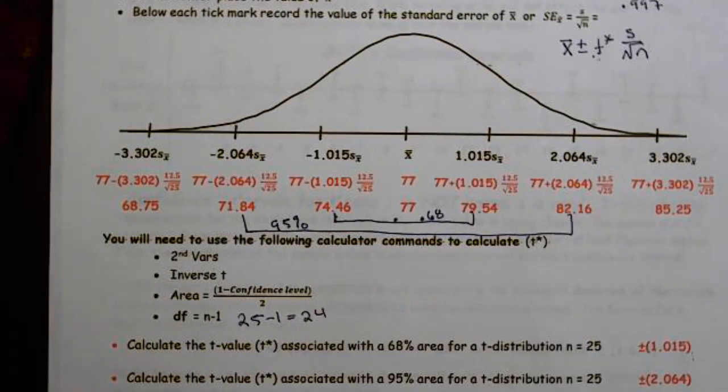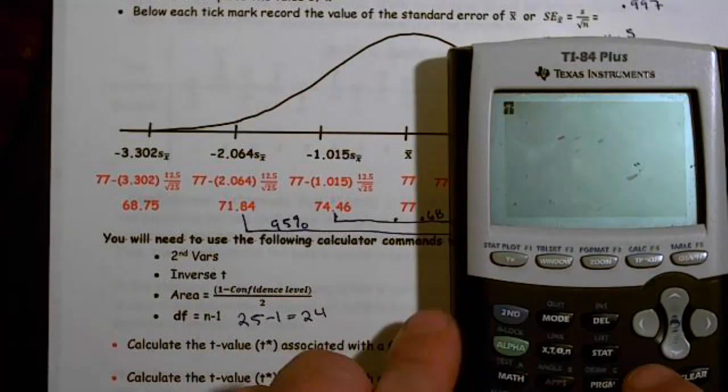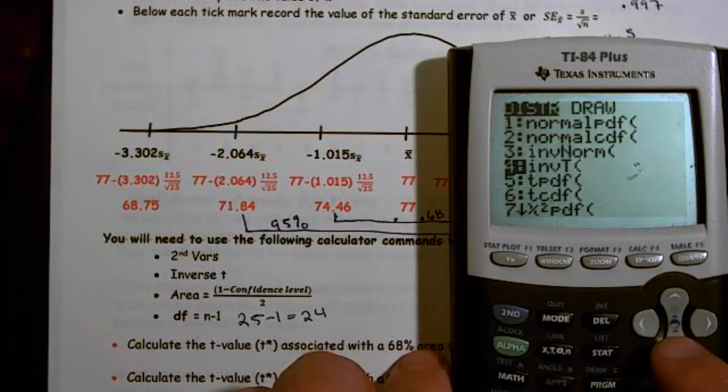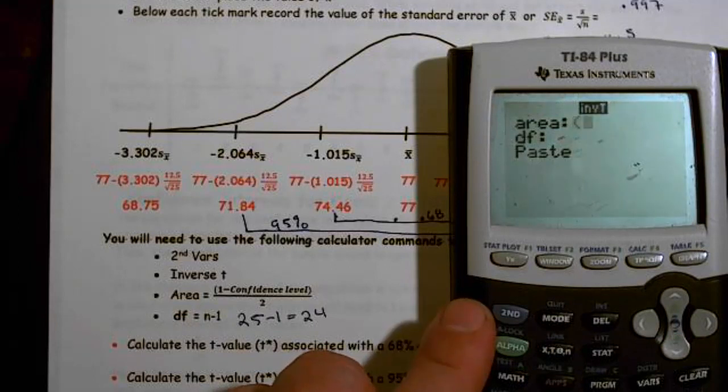So let's do that real quickly and calculate some t stars. Second vars, inverse t, parenthesis, 1 minus, we'll do the 68% first, divided by 2, degrees of freedom, 25 minus 1.